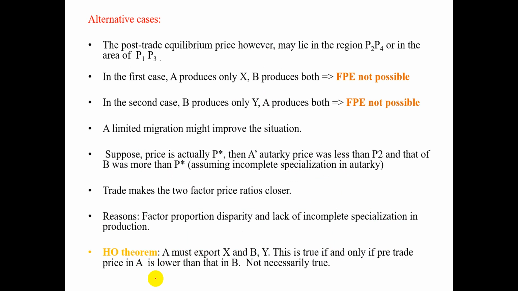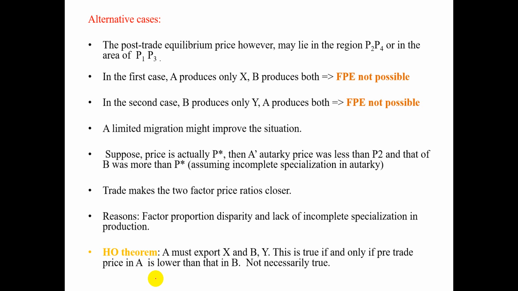Now, of course, the trade will be making the two factor price ratios closer, but complete equality will not be attained. Now, what about the Heckscher-Ohlin theorem? Here, so far as our assumption goes, A must export X and B must export Y because A is relatively more labor abundant and B is relatively more capital abundant.